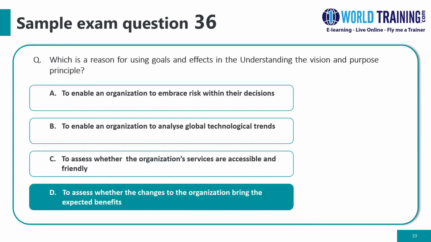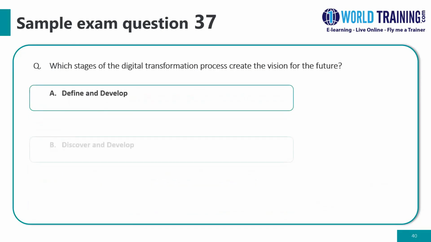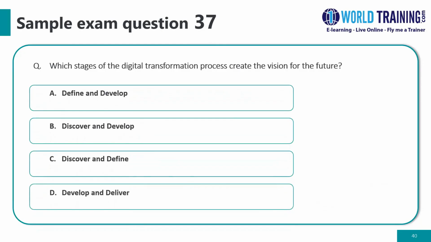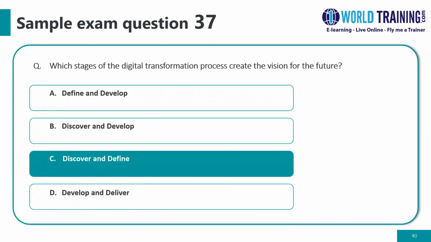The answer is D, to assess whether the changes to the organization bring the expected benefits. 37, which stages of the digital transformation process create the vision for the future? The answer is C, discover and define.